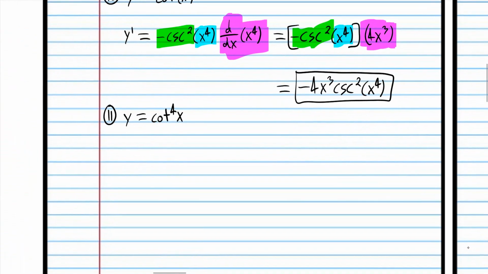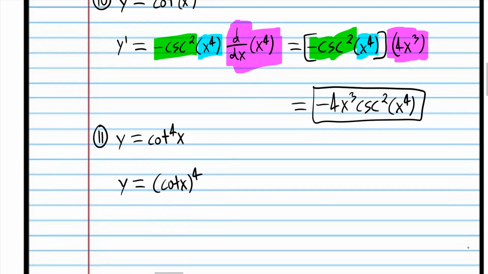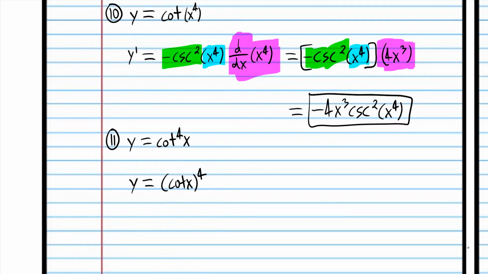Okay, so now we have the situation again where the cotangent function is on the inside, but we can't really see that until we change to this notation. So now we're ready to find the derivative.